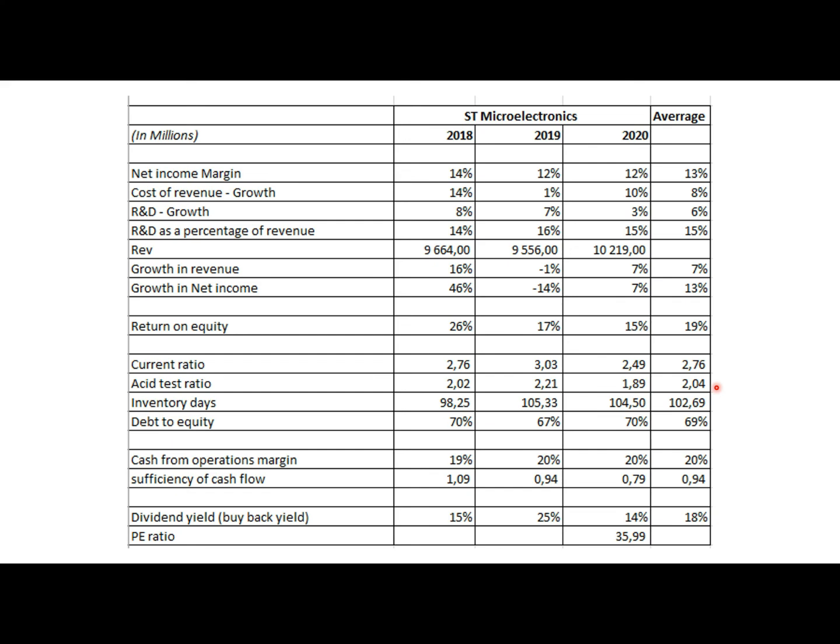Overall, still good inventory management. Considering 2020 was a tough year for these semi manufacturers, they probably had to hold on to quite a lot more stock than they would have liked, even stock manufactured quite a long time ago, because of supply chain disruptions.